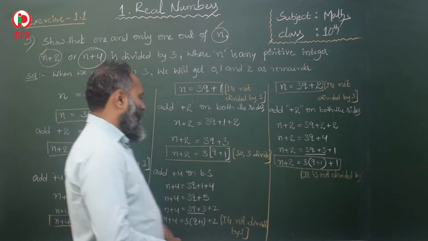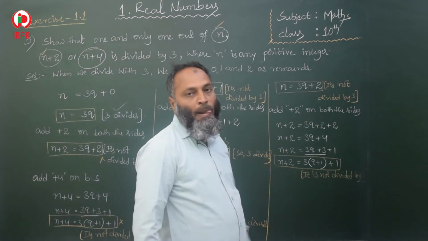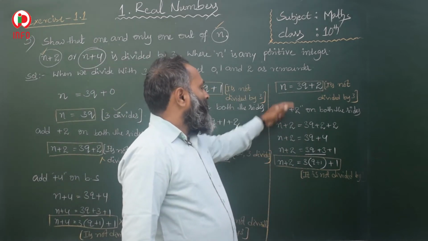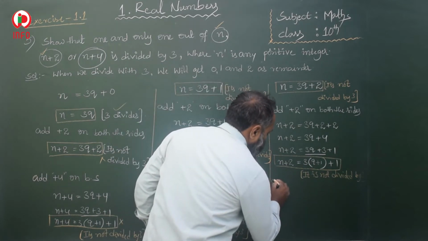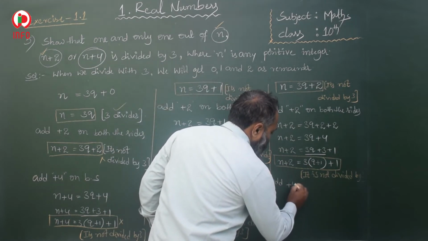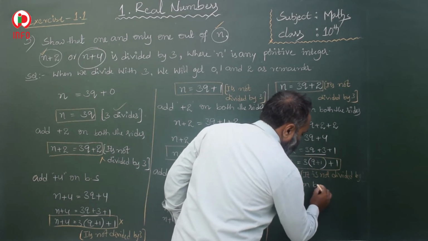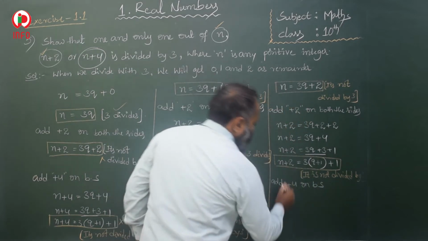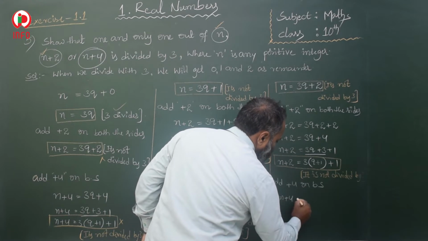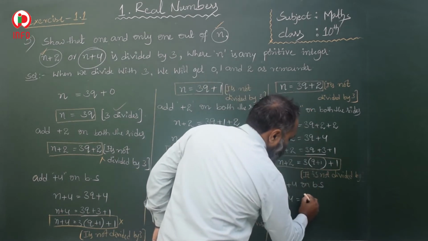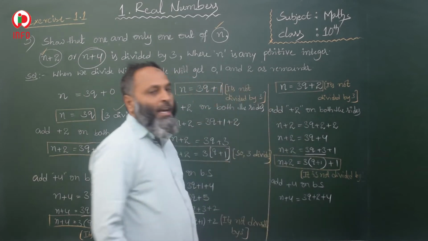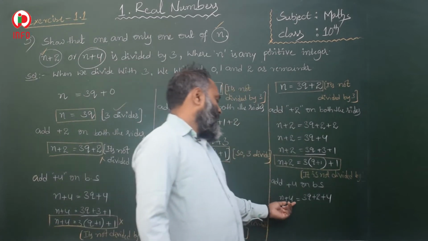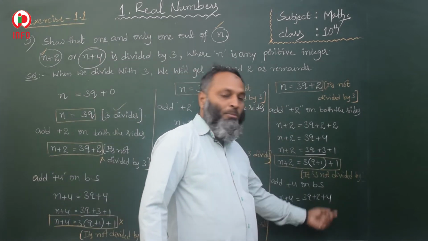So in the next, here also we should add plus 4 on both the sides. That is n plus 4 is equal to 3q plus 2 plus 4.